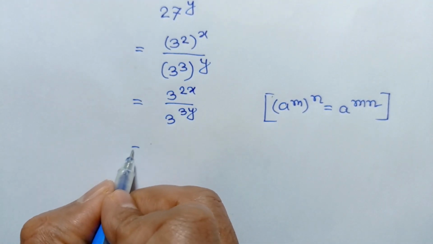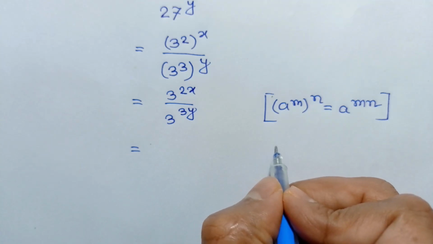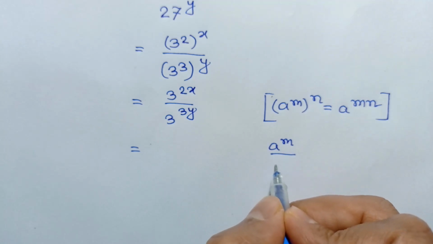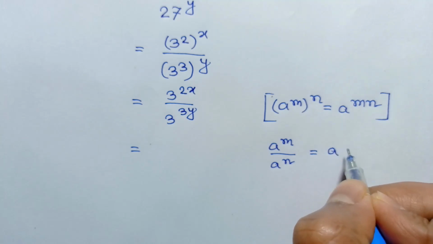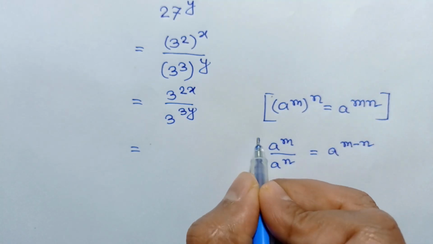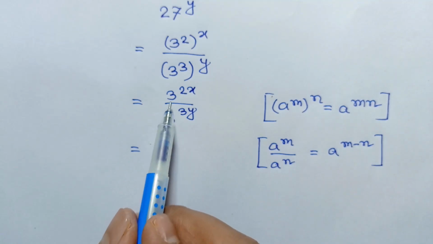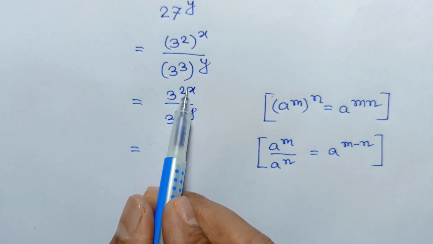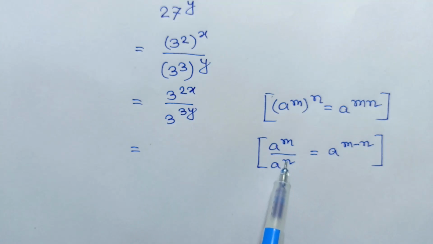Is equal to, now applying this formula, a to the power m over a to the power n is equal to a to the power m minus n. Applying this formula, this 3 as a, so a to the power this 2x as m and this 3y as n.